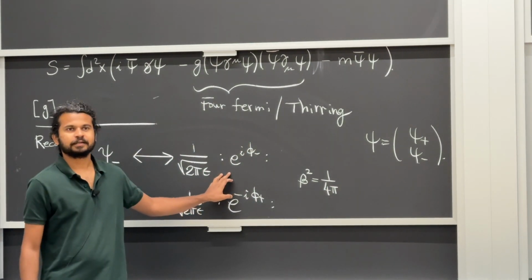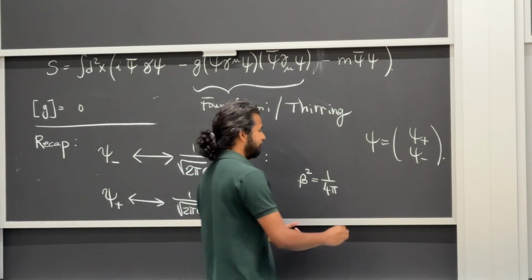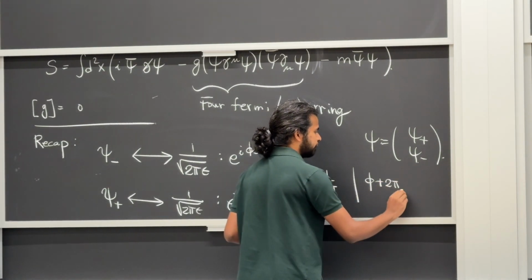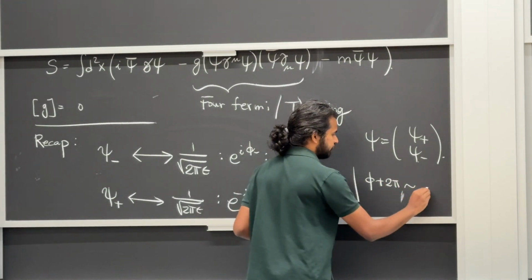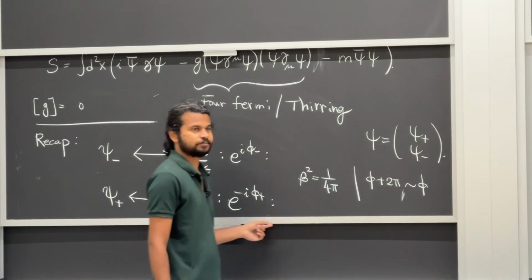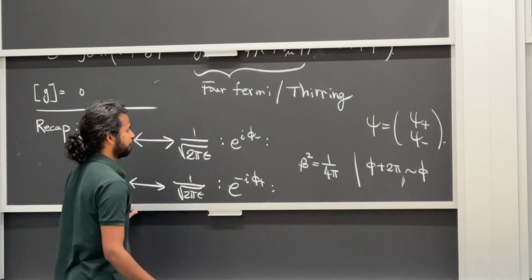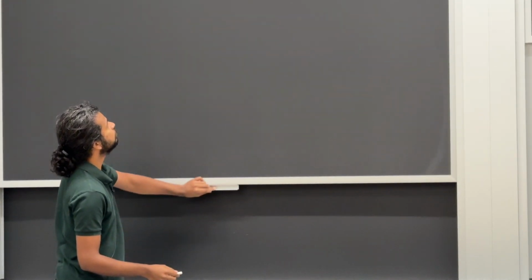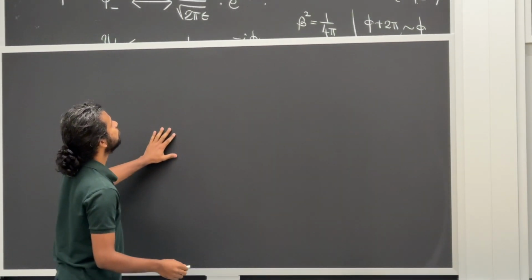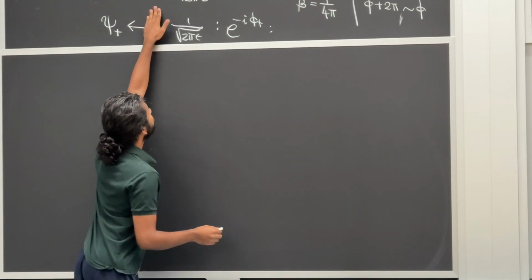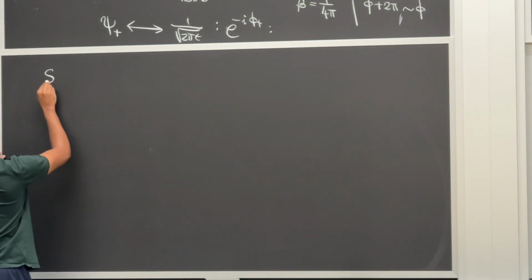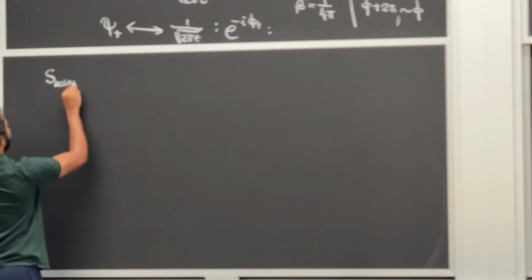So just a quick recap, compact means phi plus 2 pi is identified to be the same as phi, and the action for the boson was this.